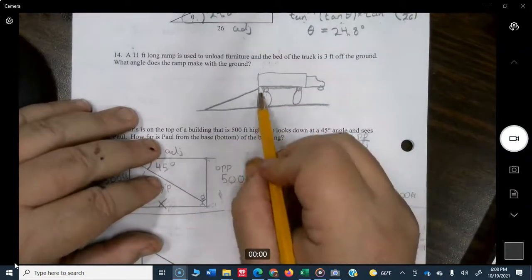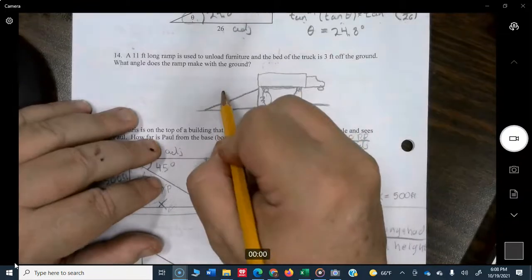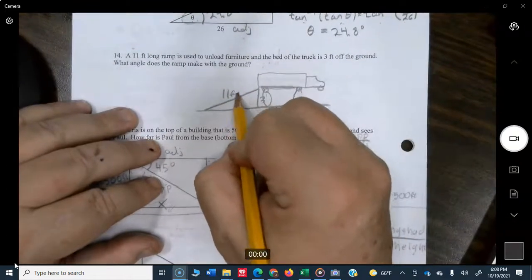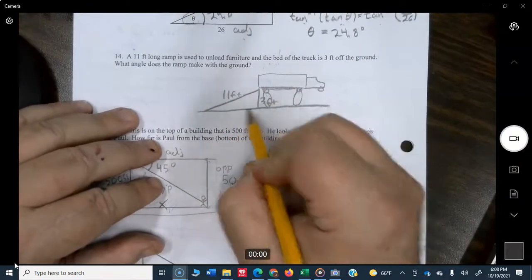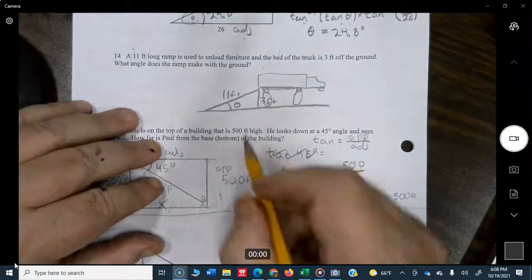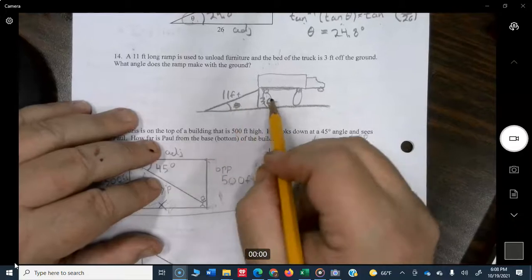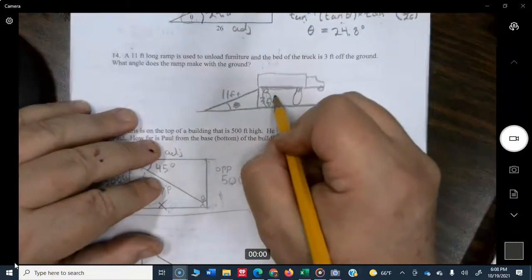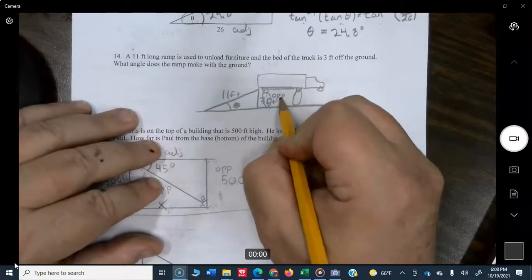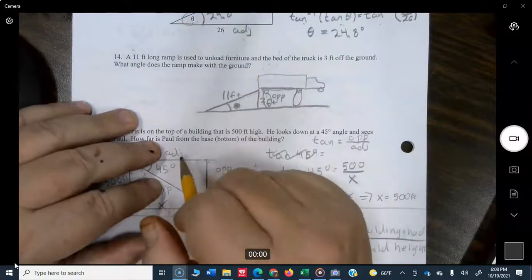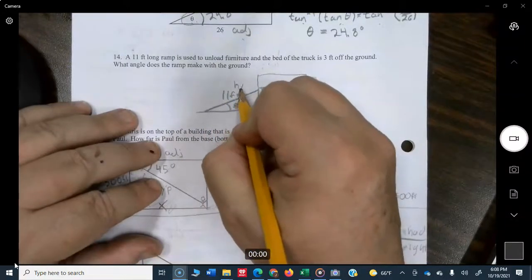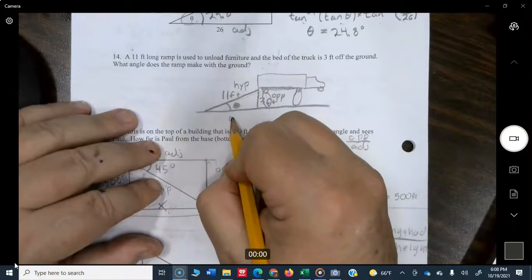So this is 3 feet, and it says this is 11 feet. And they want to know this angle, theta. So there's theta. The opposite is 3 feet. The hypotenuse, the longest side, is the ramp. And then the other guy is adjacent.